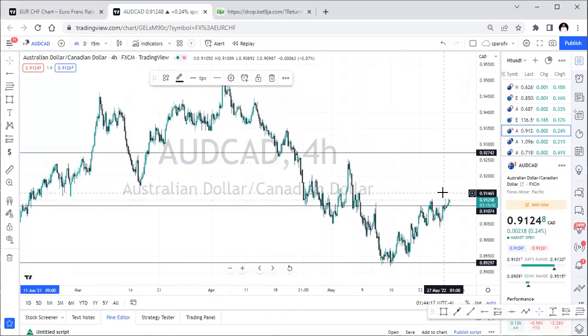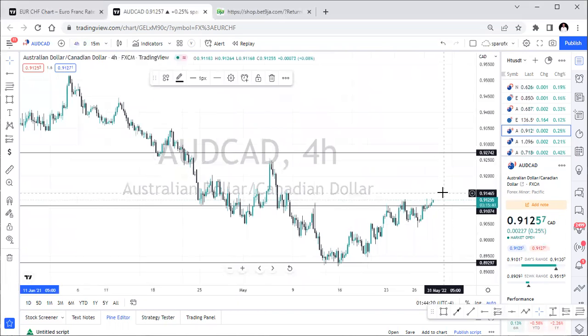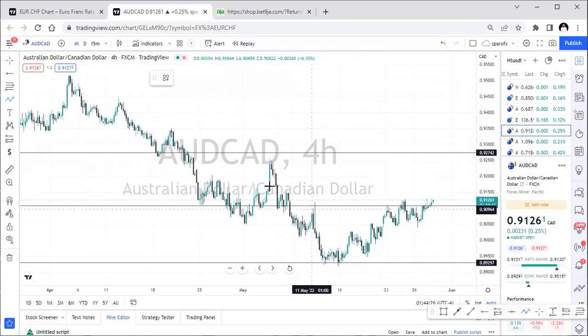So after marking out my key level from the daily time frame, if you're good with your market structure, you can see when a market is downtrending, it creates a series of lower lows and lower highs.